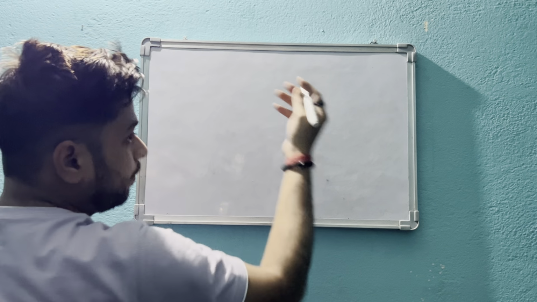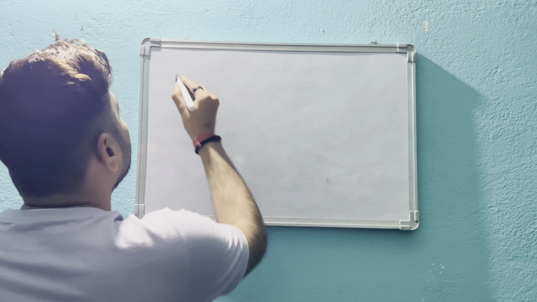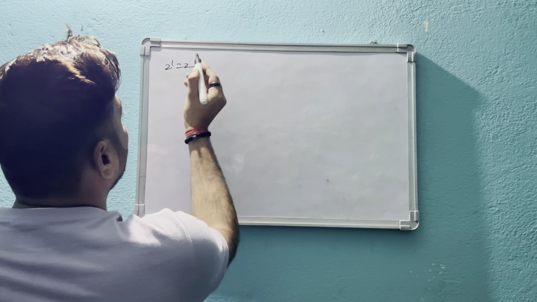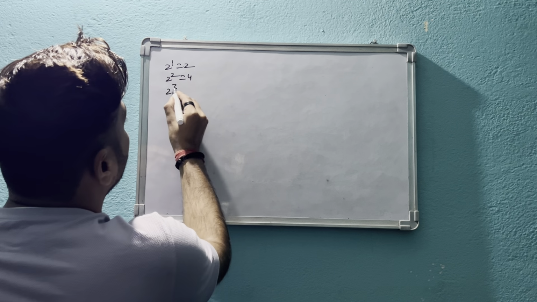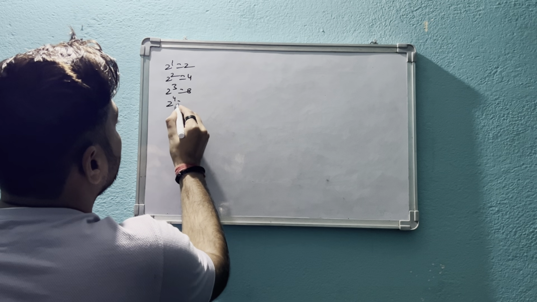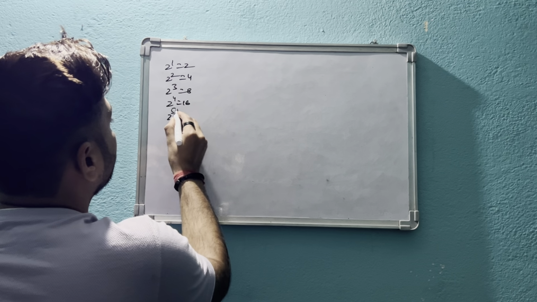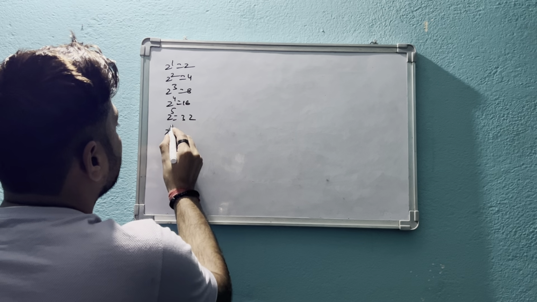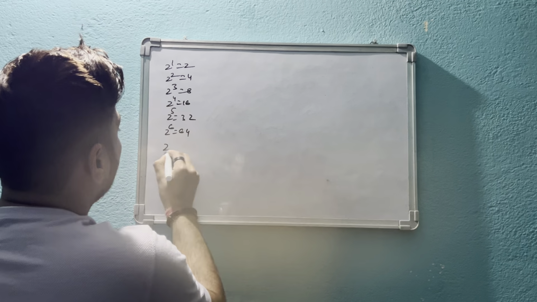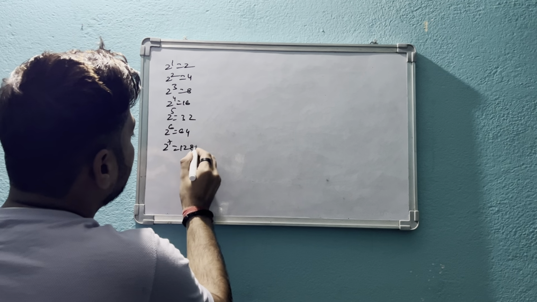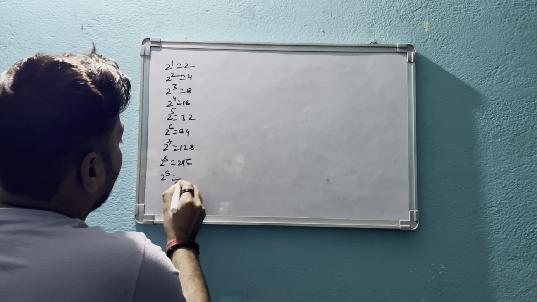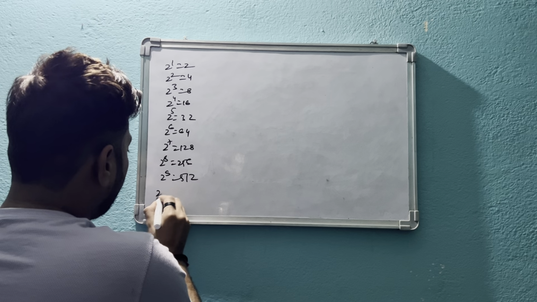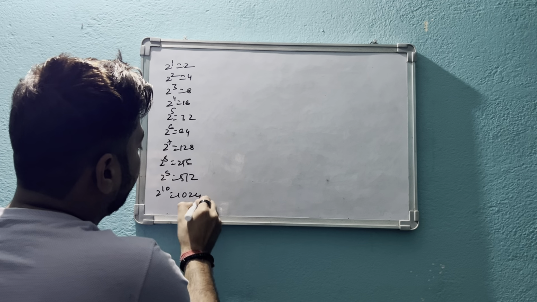If you have 1 bit, or 2 to the power 1, we can write it as 2. 2 to the power 2 is 4. 2 to the power 3 is 8. 2 to the power 4 is 16. 2 to the power 5 is 32. 2 to the power 6 is 64. 2 to the power 7 is 128. 2 to the power 8 is 256. 2 to the power 9 is 512. 2 to the power 10 is 1024.